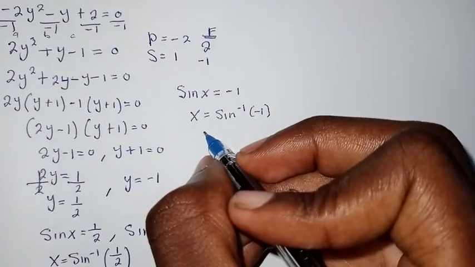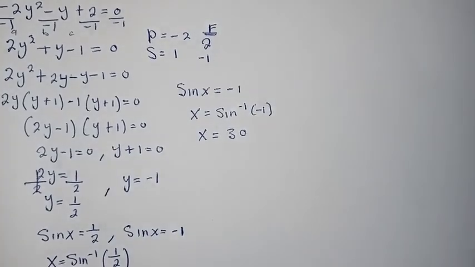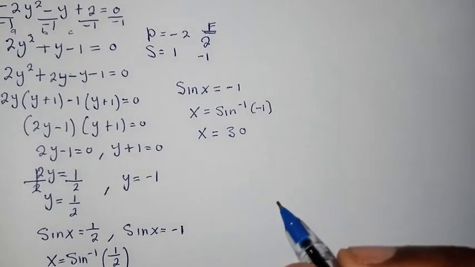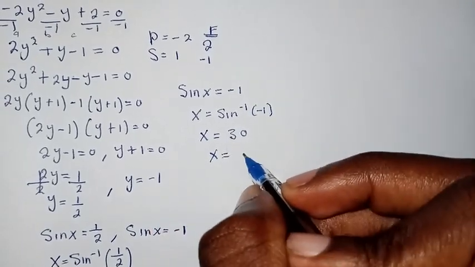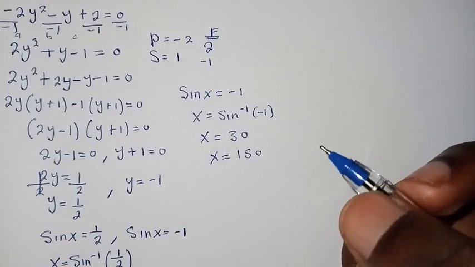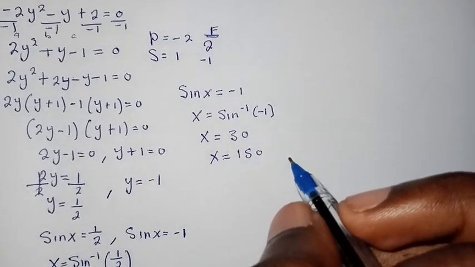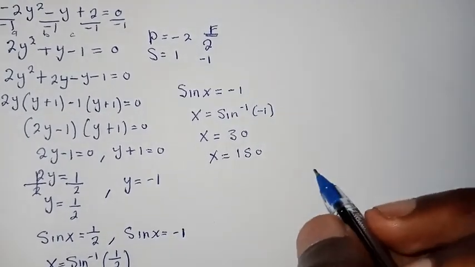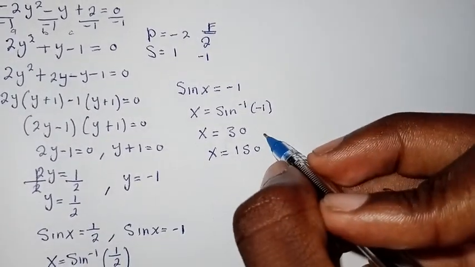So of course we know that our answer here is simply 30 degrees. But we have to subtract this 30 degrees from 180. So if we subtract from 180, we're going to get 150.